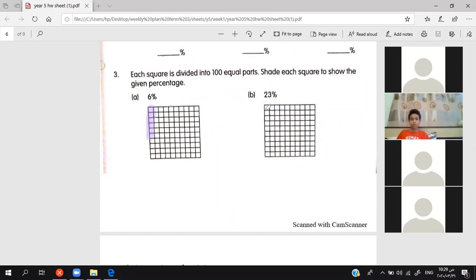What about here? He's asking you to color 23%. 23% means 23 over 100, meaning 23 from the 100. So here is 10, and like that it's 20, and I color an extra 3, which is 23%.